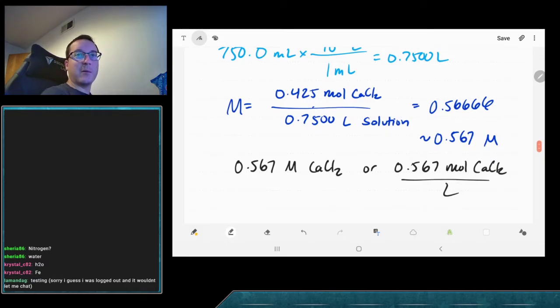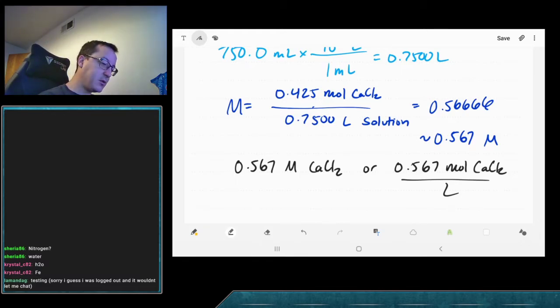So remembering that molarity, the capital M, has the units of moles per liter, we could just leave it as moles per liter as well. In 2 chapters, we're going to be doing this pretty often where we want it in moles per liter. So either way would work. They both are equivalent to each other. We would understand it either way. Okay, so that's one way of doing it.